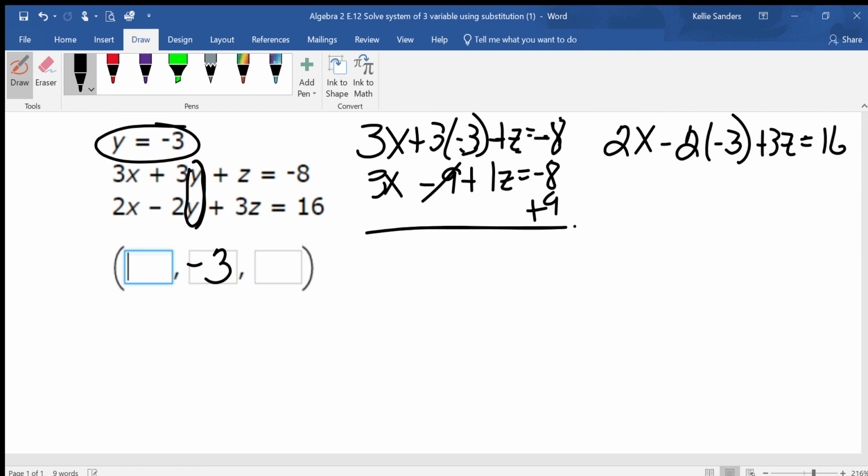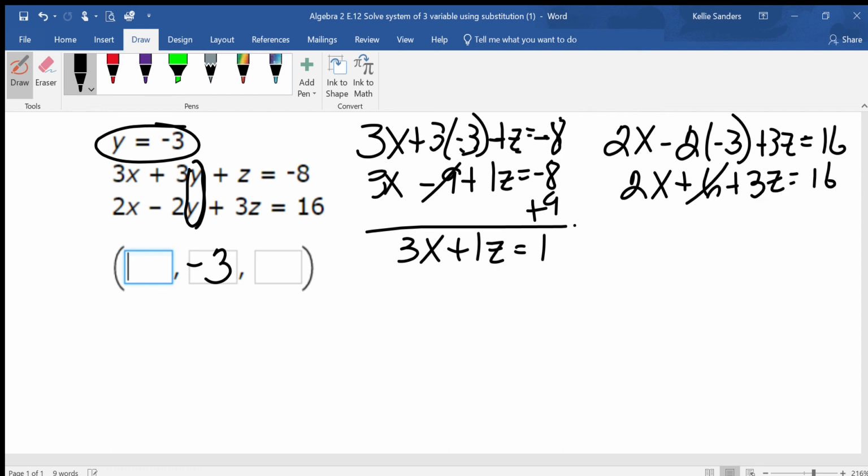Add the 9. This time we have an x and a z, and 9 minus 8 is 1. 2x minus 2 times negative 3 plus 3z equals 16. 2x plus 6 plus 3z equals 16. Take the 6 away. 2x plus 3z equals 10.